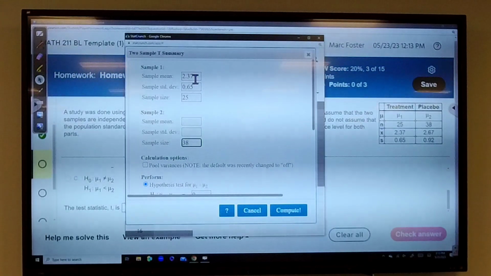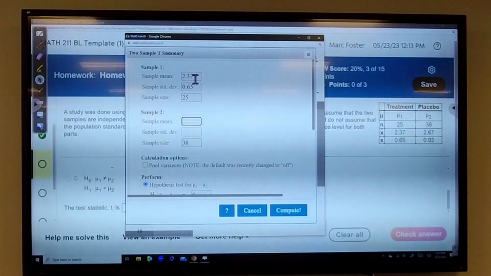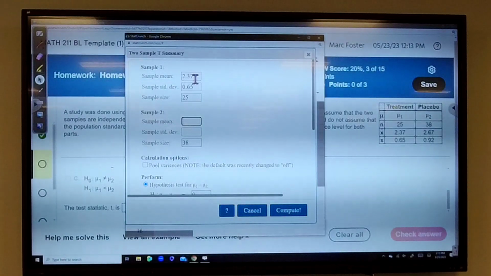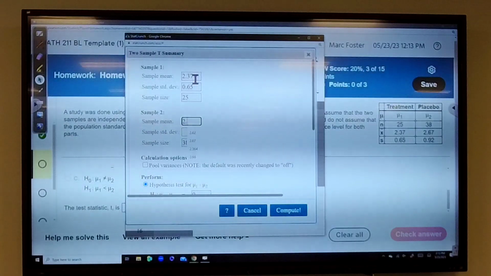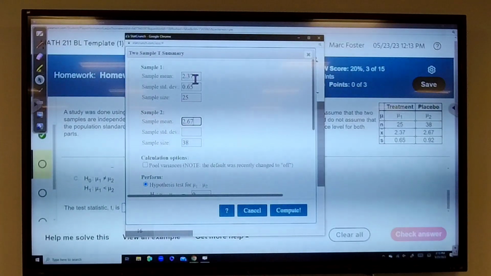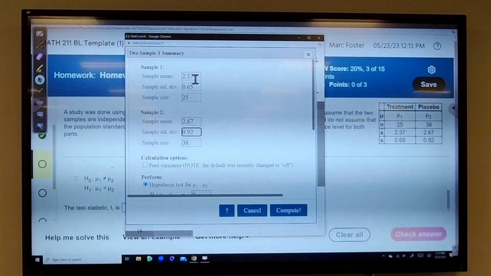Notice here that the sample sizes are different. You actually do not need the sample sizes to be the same in order to do this test. Sample mean 2.67 with the standard deviation 0.92.